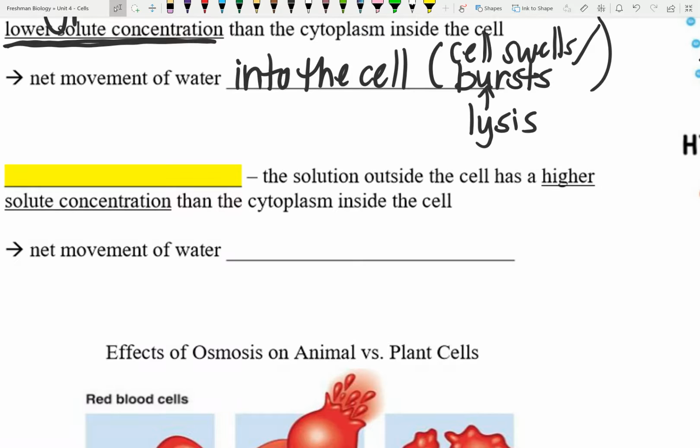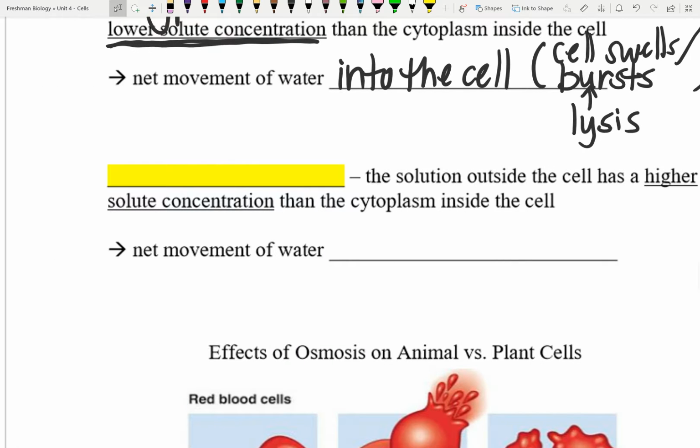All right, now the other possibility is, what if instead of having less solute, the solution around the cell has more solute dissolved in it than the cytoplasm? That would be a hypertonic solution. So here there's more solute in the fluid around the cell. Hyper means extra or excess, like when someone has hypertension, they have high blood pressure.